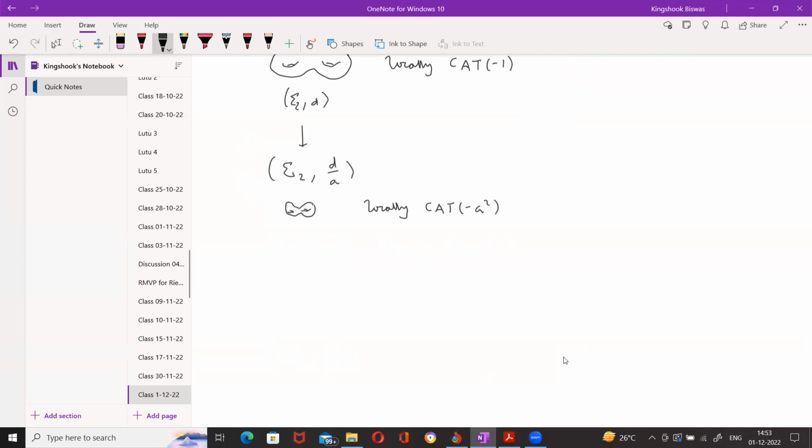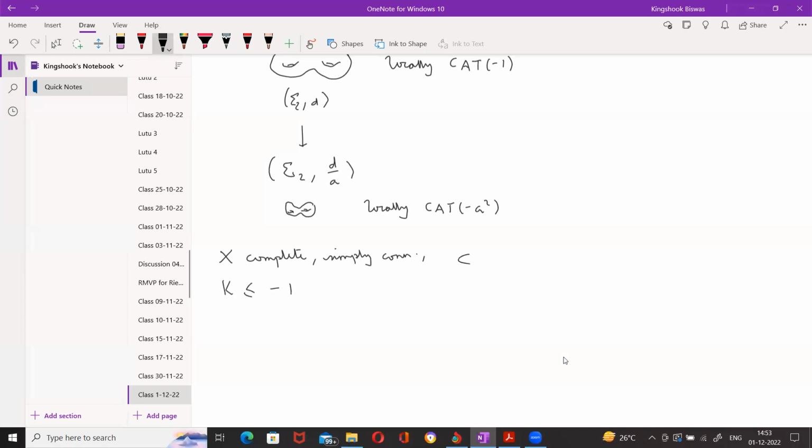Let me assume X is complete, simply connected, and curvature is less than or equal to -1.